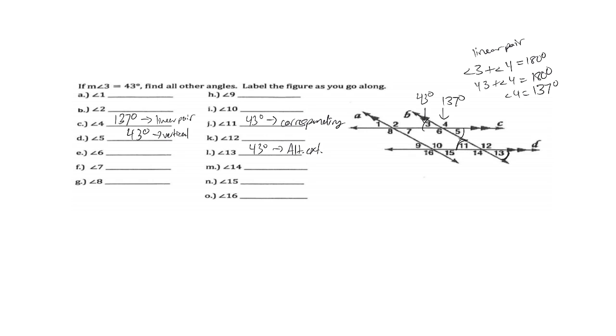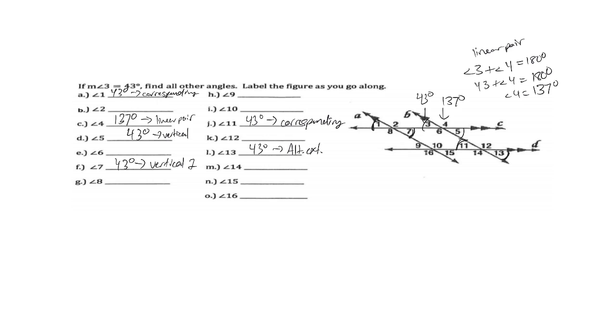Now let's continue finding the angles congruent to angle 3. If we look, angle 1 and angle 3, if cut by the transversal C, they're corresponding. So angle 1 is 43 degrees. They're corresponding. Now, angle 1 and 7 are congruent. So now 43 degrees for 7, right? They're vertical.